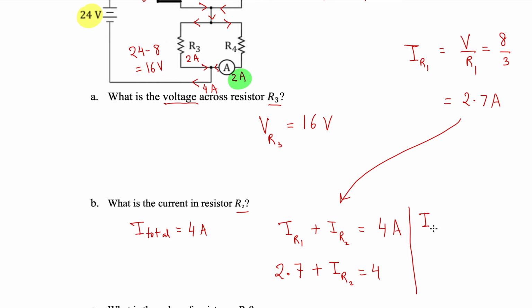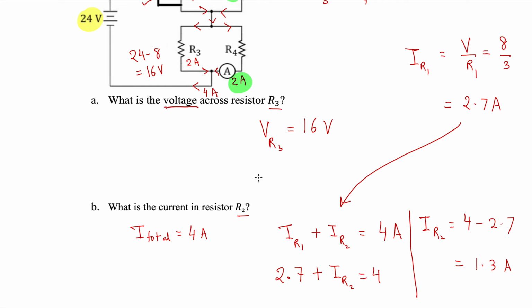So current in R2 will be 4 minus 2.7, which gives 1.3 amperes.